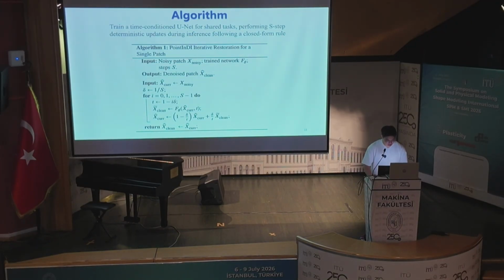Third, the network predicts a clean estimate. Fourth, we apply the closed-form state transition to update the current point cloud. After all steps are completed, the final refined point cloud is output as the denoised result.